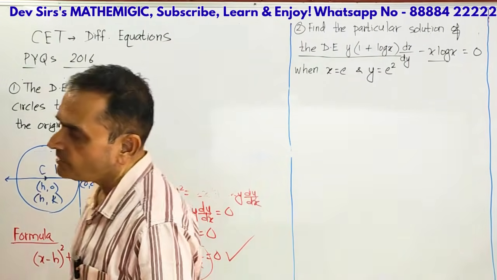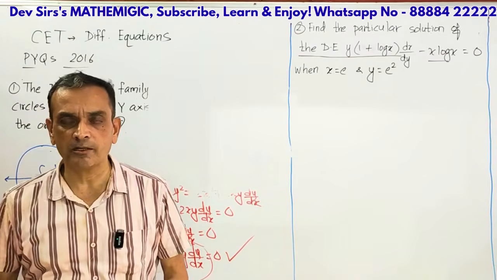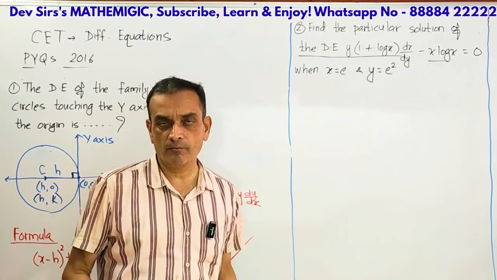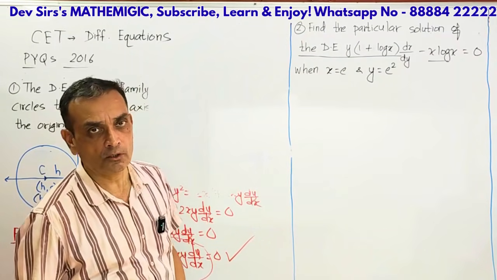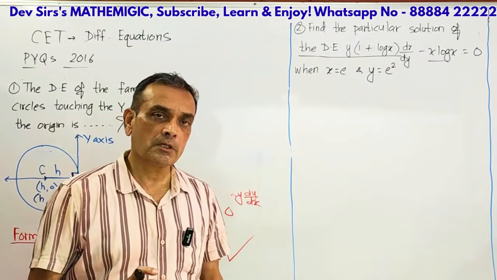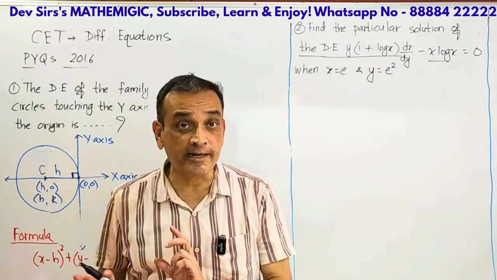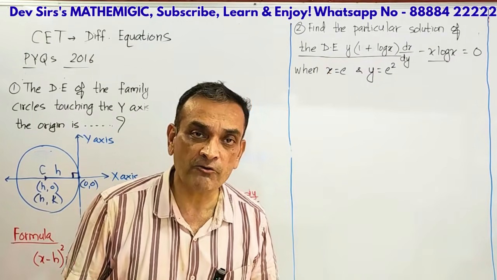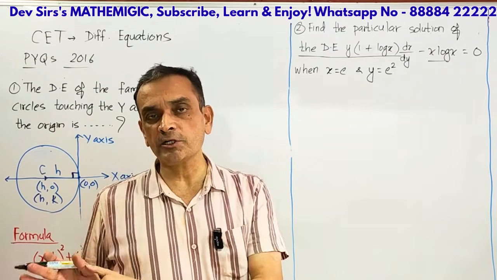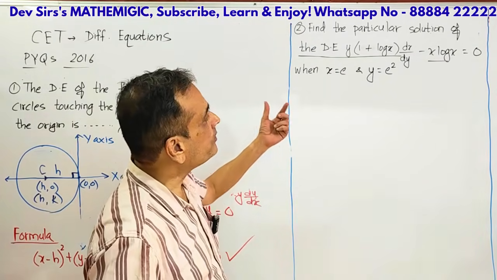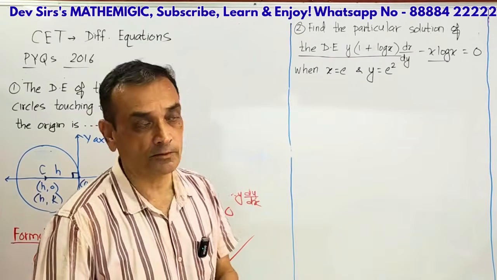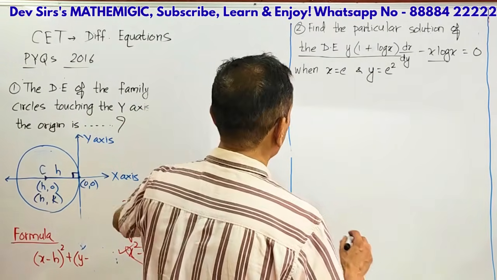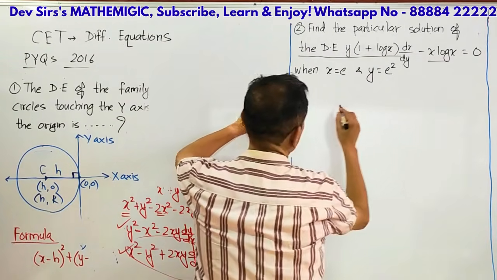Either dx by dy or dy by dx will be present, no need to worry. This is the differential equation given. You have to find the solution. In order to form a dE, we use derivatives, but from the given dE, if you have to find the solution, we use integration. Just the opposite of that. So I am going to solve this dE by using integration. For that, what are the steps? Observe. I will take this on the right hand side first.